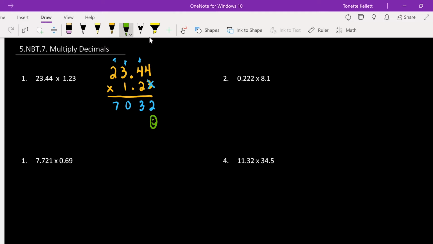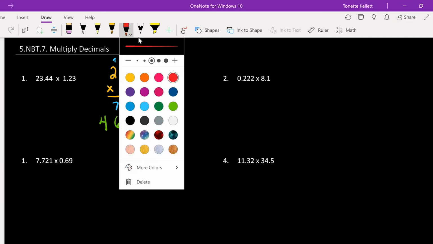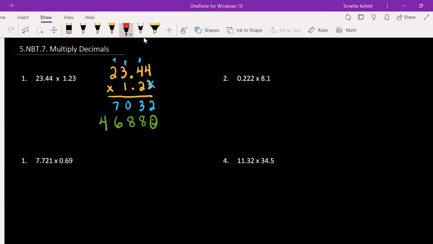So 2 times 4 is 8. 2 times 4 is 8 again. 2 times 3 is 6. 2 times 2 is 4. Okay, we'll change the color another time. We'll make this one red. Now we've finished the 2. Now we're going to multiply by 1.